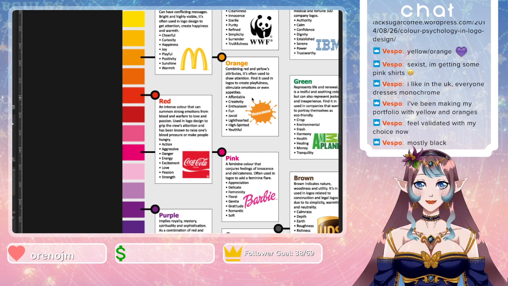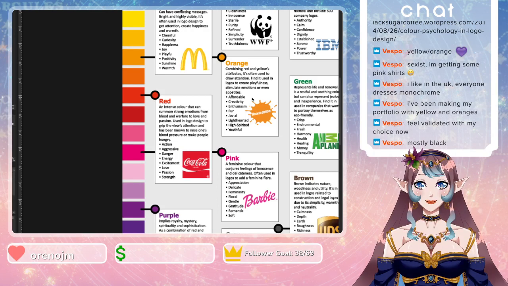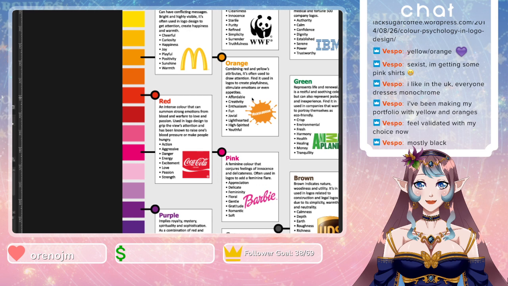Then red is an intense color that can summon strong emotions, from blood and warfare to love and passion. In logo design it's used to grip the viewer's attention and has been known to raise one's blood pressure or make people hungry. Red makes you hungry because it's a color like apples. It's action, it's aggressive, it's danger, it's energy, that kind of fun stuff. Like the Coca-Cola logo.